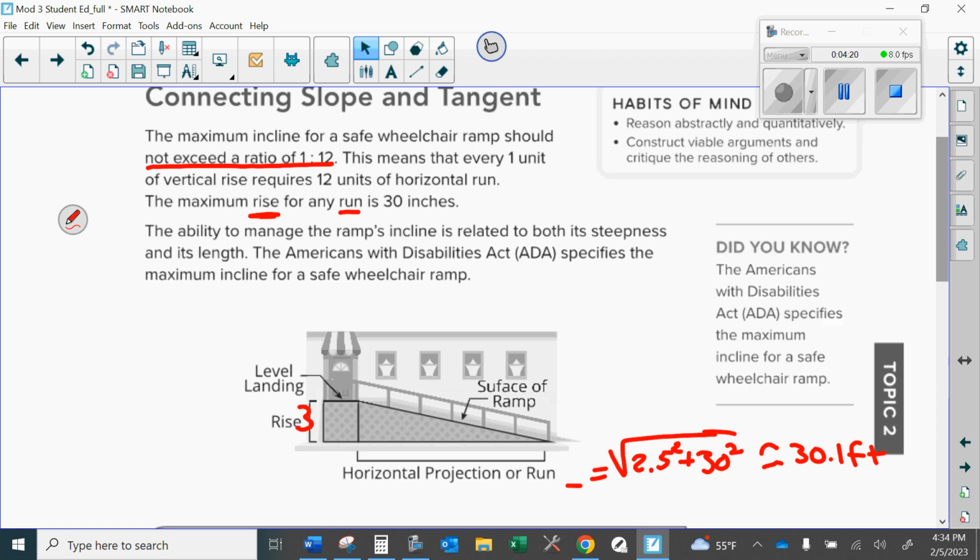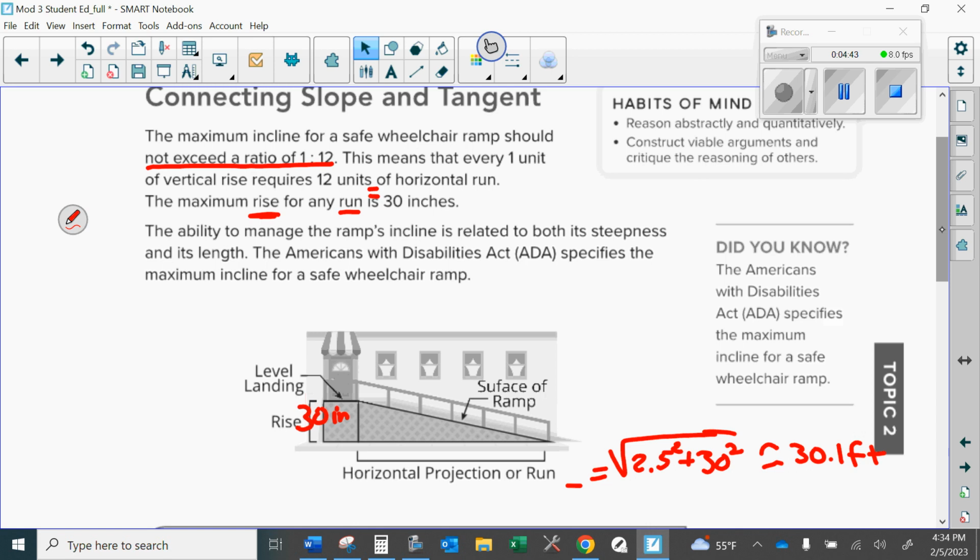So the max rise, let's say that was 30 inches. That's the max rise it can be, right? Remember, the maximum incline should not exceed a ratio of 1 to 12. This means for every unit of vertical, it has 12 units of horizontal.